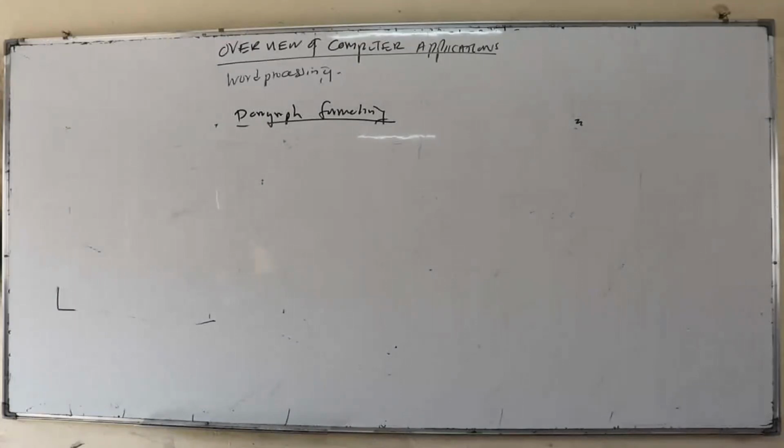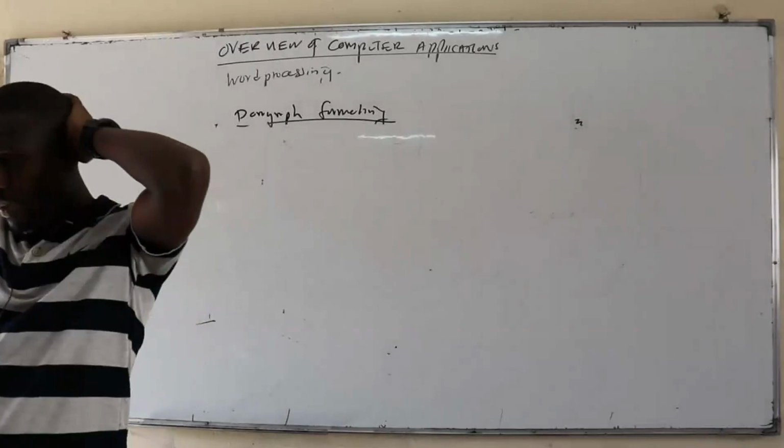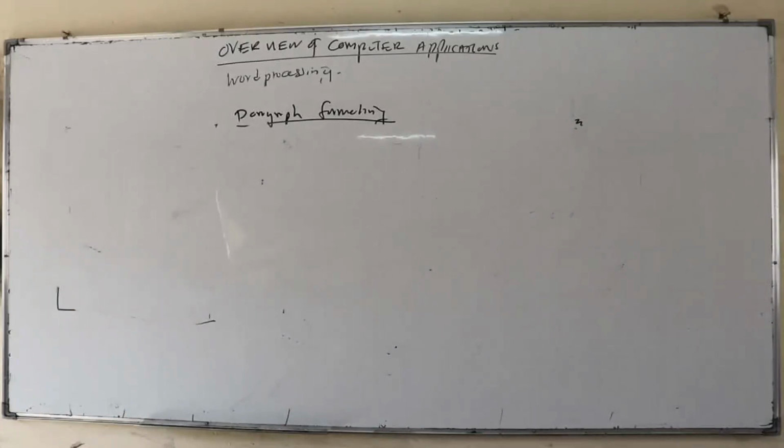Now, these paragraph formatting features enable you to arrange and organize the page. The page where you are typing your document has to be structured properly. It must have the right margins, must have page numbers. So that is the field.